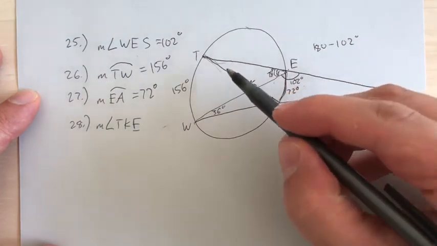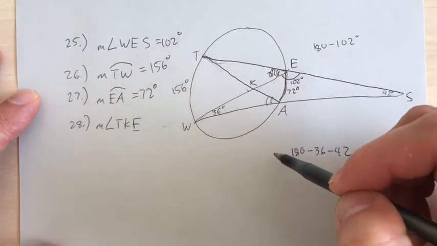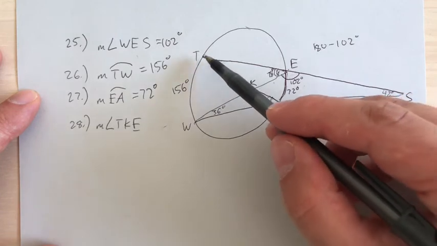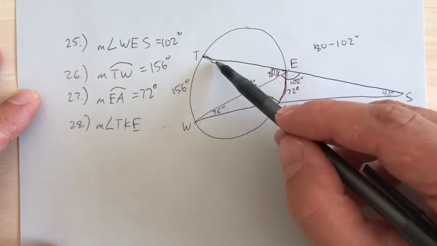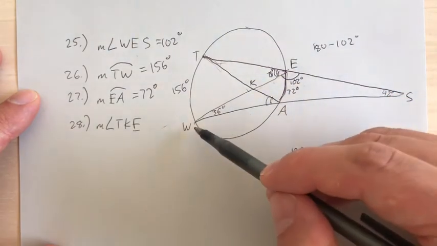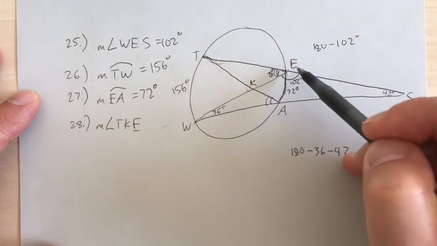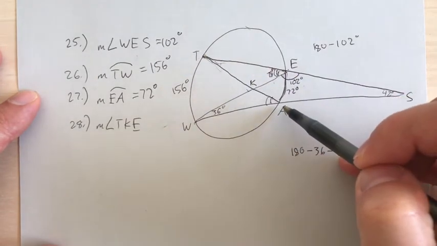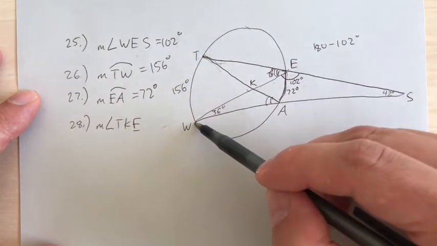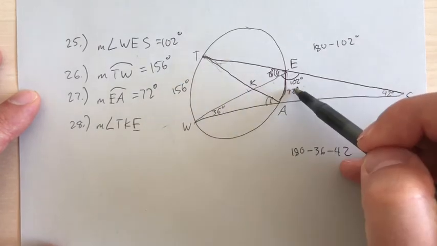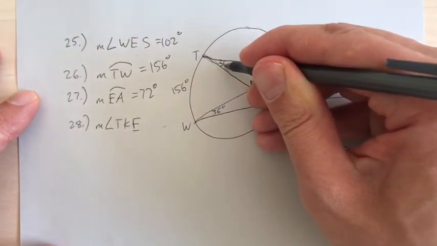I actually could figure out what this angle is as well, and the reason why is that this angle T is an inscribed angle to EA, just like angle W is. If you notice that angle T, the arms are reaching out to E and to A, and since that's the same thing as W, this measure and this measure would be the same, or half of 72. So 36 degrees.